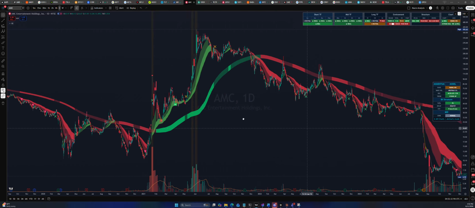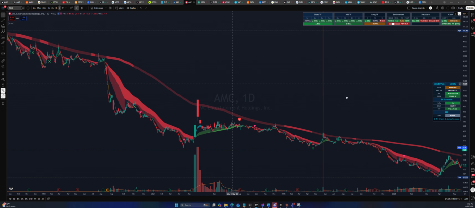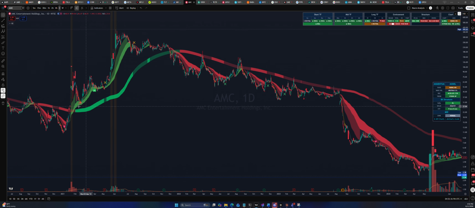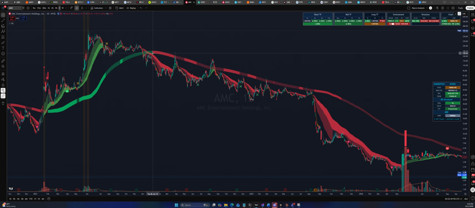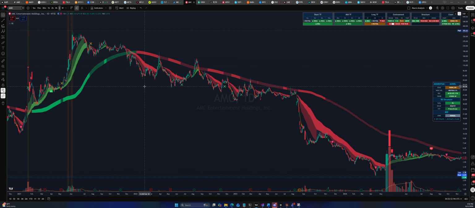Now, going over here, it's quite interesting, because the last time this happened, once we had that flip right over here, we had about a 1,400% move to the upside. Since it broke below it, the market bias is red. That is why when price is trading below the market bias, you have to be careful because it may look very solid, like it wants to break to the upside, but it does not.